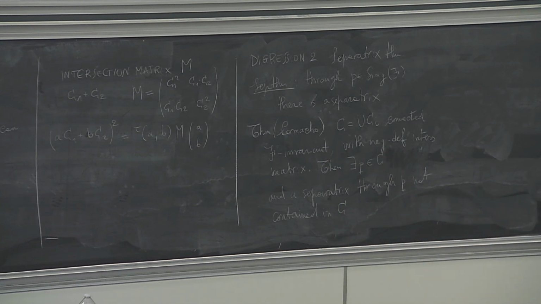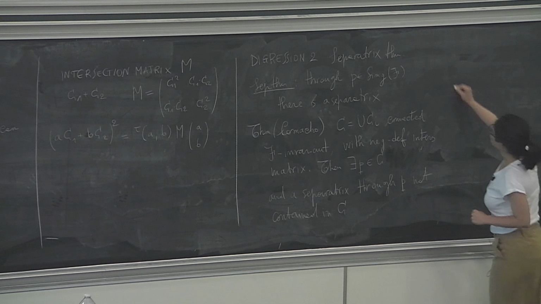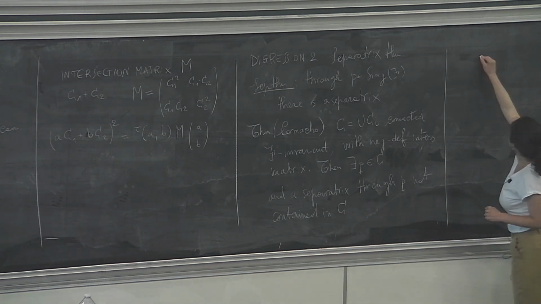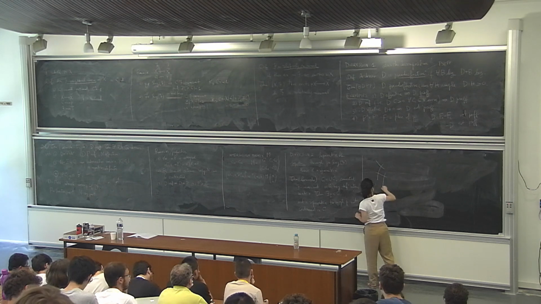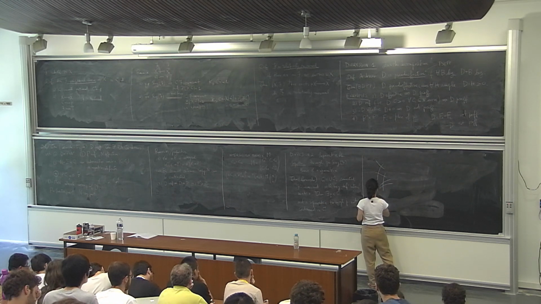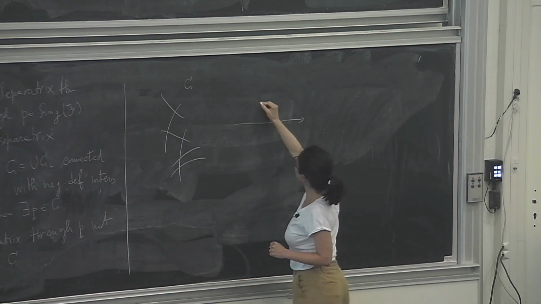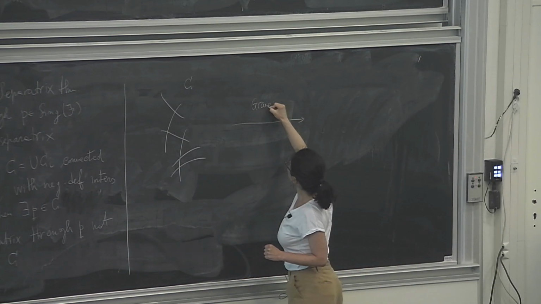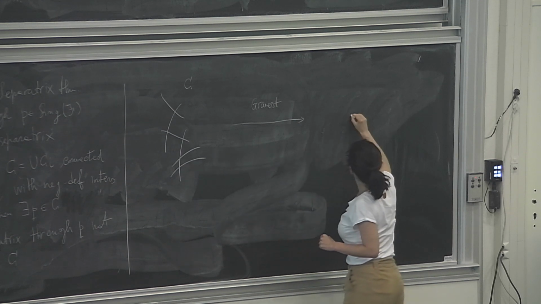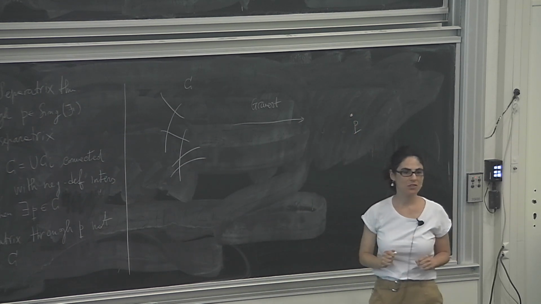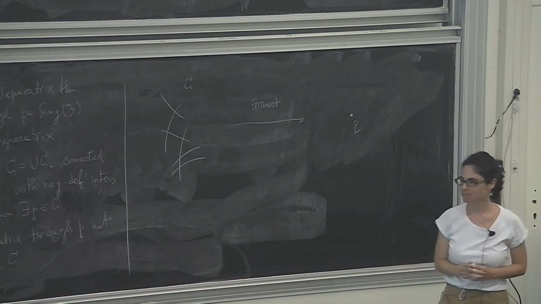Okay, so I will not prove the theorem. I will do a proof by drawing. So we have our curve C, and by Grauert criterion, we can contract the curve to a point.